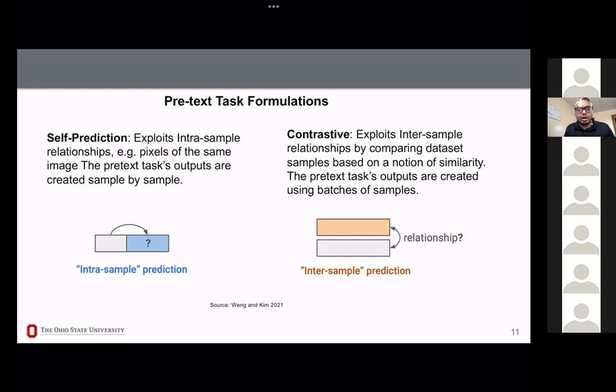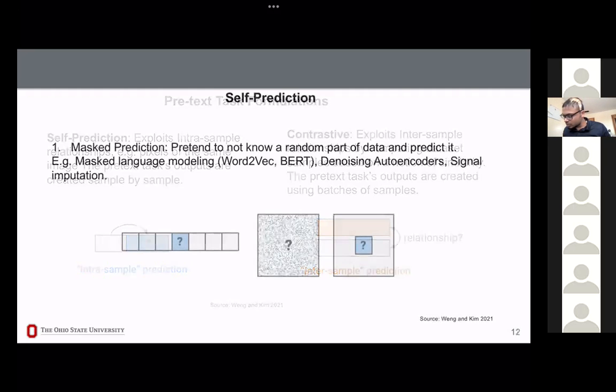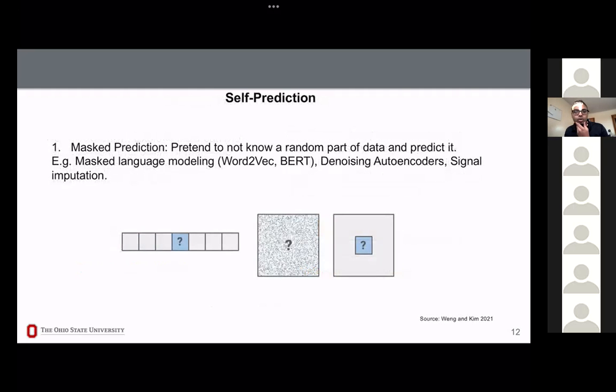So roughly it's intra-sample versus inter-sample relationships. I'll talk about self-prediction tasks and what the different types look like.